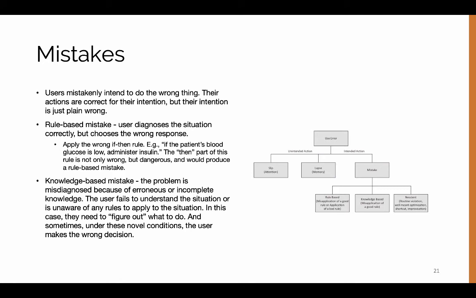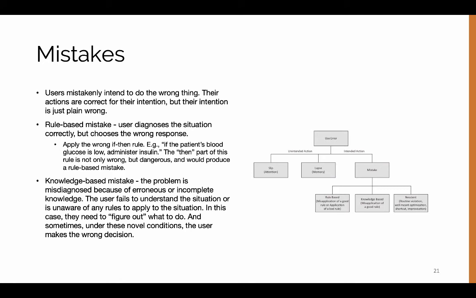If your glucose is high, well then maybe you should administer insulin, not the opposite. But imagine you were wrong. You just didn't know very much about diabetes, for example, and you applied the wrong rule. You said, well, when glucose is low, I'm going to take insulin. That would be a really nasty mistake. That would be a rule-based mistake.